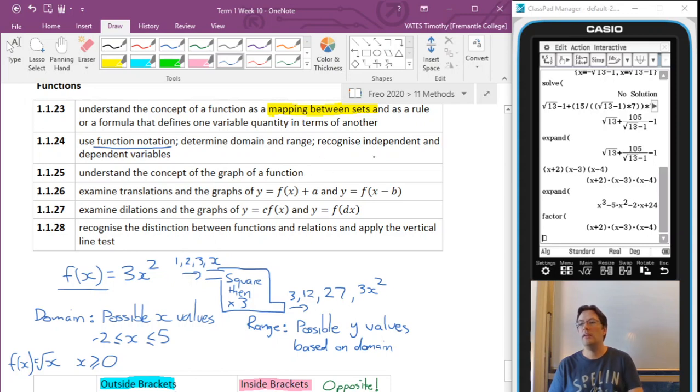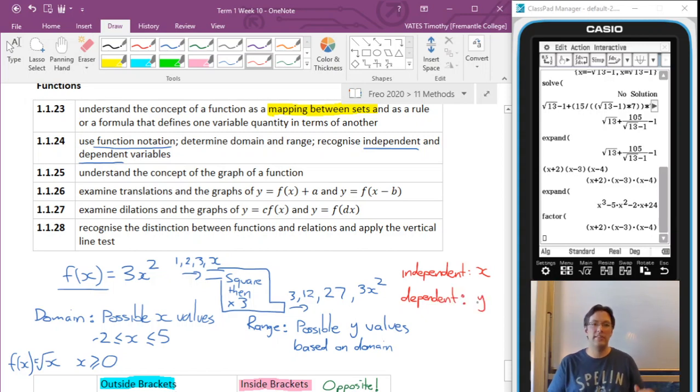Oh, sorry, this other one. Independent and dependent variables. You would have seen this in science as well. The independent variable is x. It's independent, it does what it wants. The dependent one for this situation is typically y.